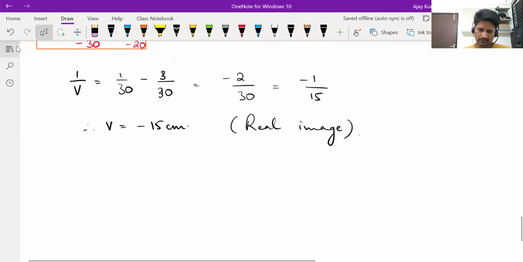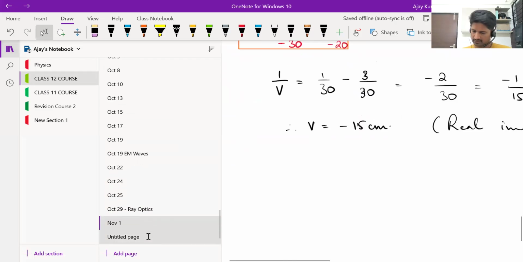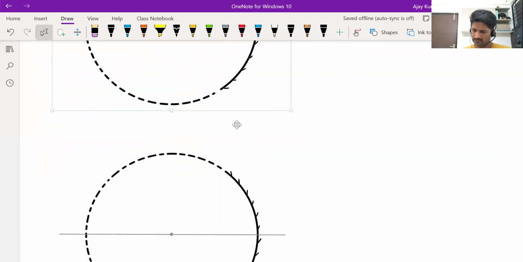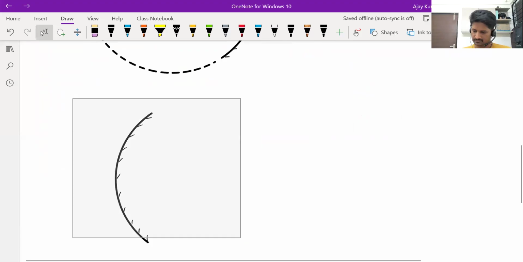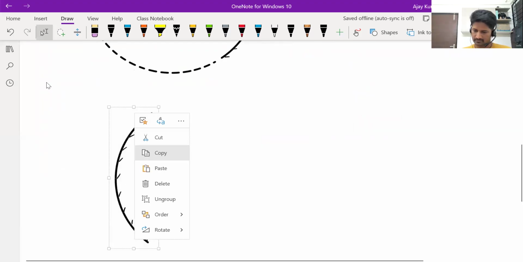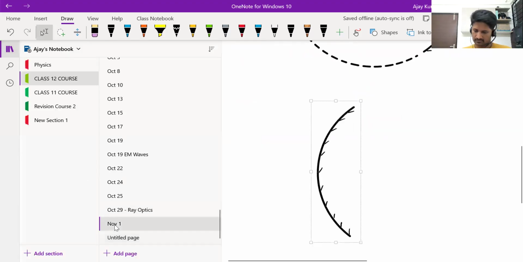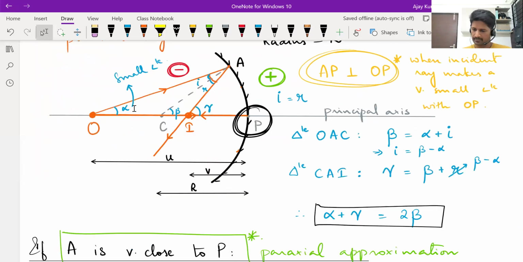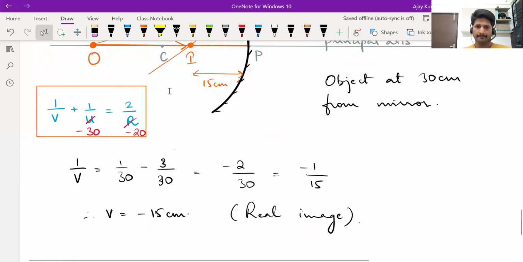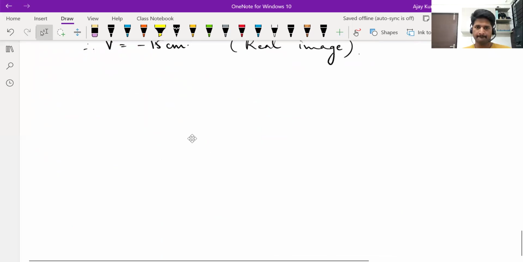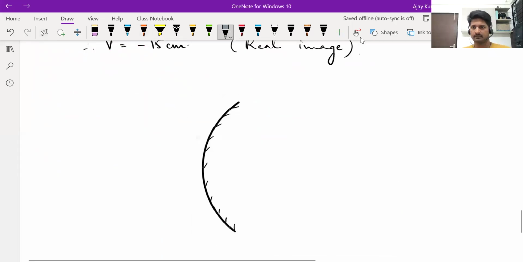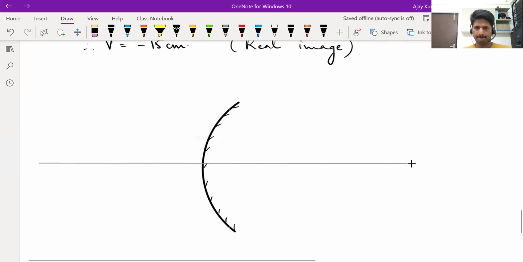Let's consider a convex mirror. Just a moment. Okay.